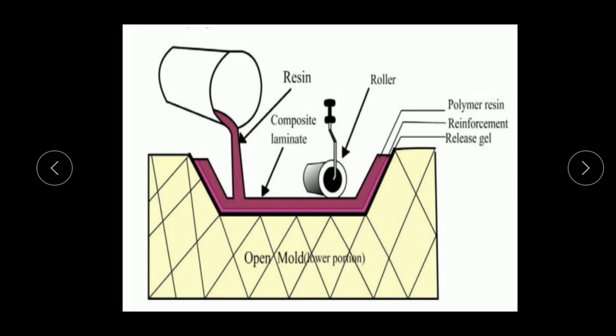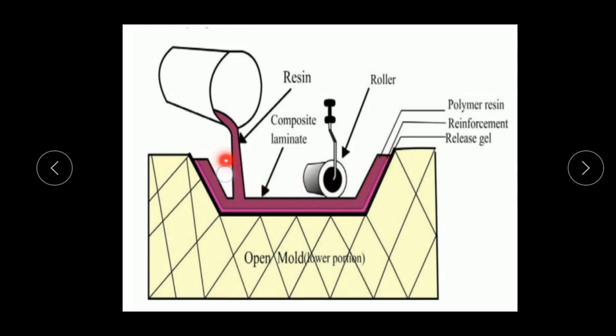These fibers are cut and fed over the surface of the mold box. Then we have to select the resin. It acts as the matrix. This resin is most commonly made up of epoxy resins. This epoxy resin is poured over the surface of the reinforcement.